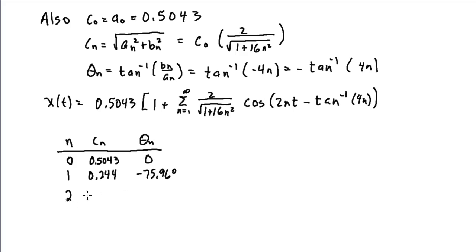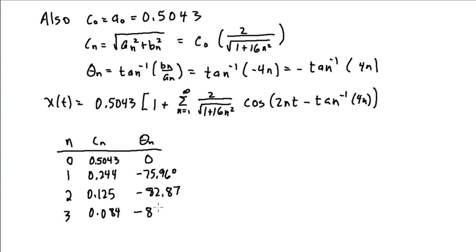N equal 2, 0.125, corresponding phase angle, minus 82.87. For n equal to 3, amplitude term of 0.084. Again, these amplitude terms will continue to get smaller and smaller as n increases.